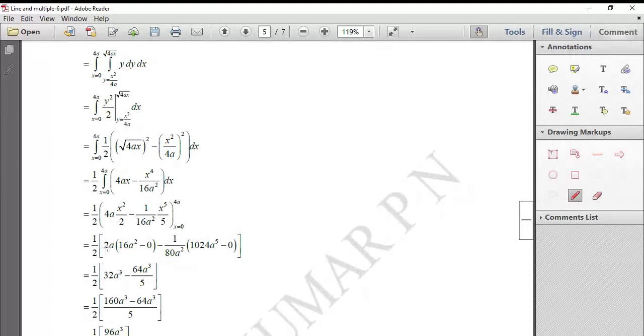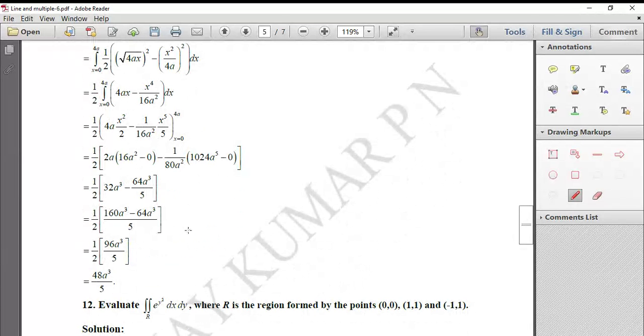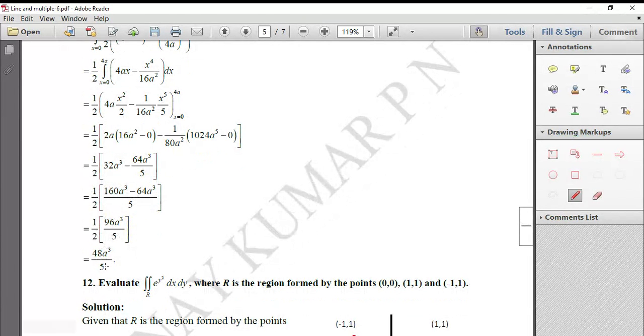So 2a into, if you apply upper limit, 4a whole square, that is 16a square, minus 0, minus 1 by 16 into 5 is 80a square into, if you apply upper limit, you will get 4 to the power of 5 into a to the power of 5. 4 to the power of 5 is 1024 minus, if you apply the lower limit, you will get 0. Now if you simplify this, you get 2a into 16, 32a cube minus 64a cube by 5. Take LCM and simplify, you will get this much.